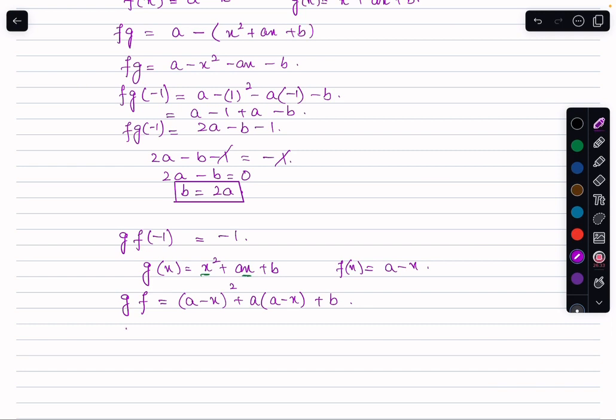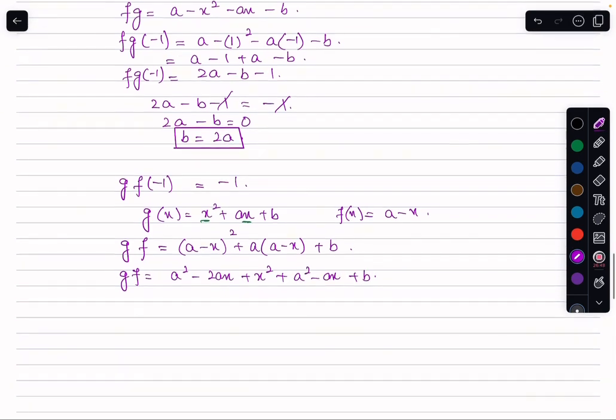So I will be having here g of f equal to a squared minus 2ax plus x squared plus a squared minus ax plus b. Solving it further, I can say this is 2a squared minus 3ax plus x squared plus b.